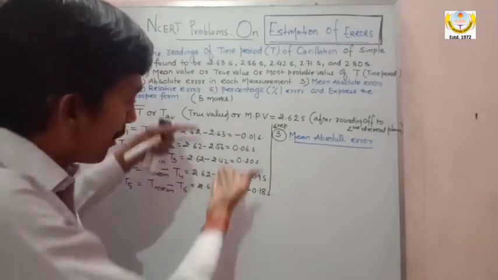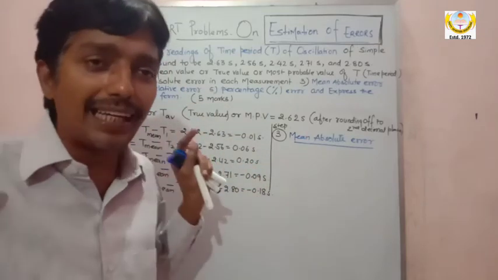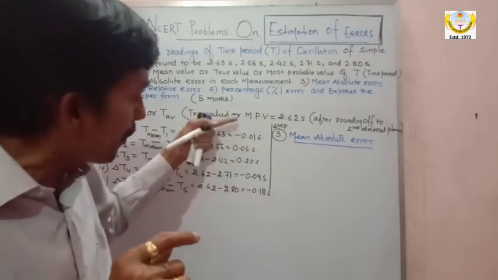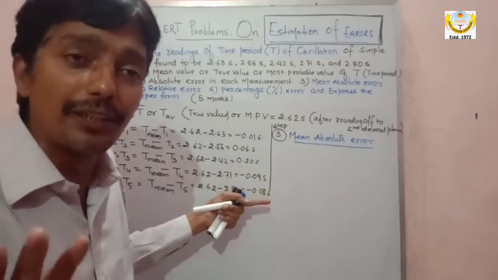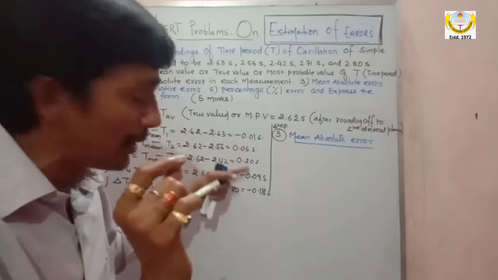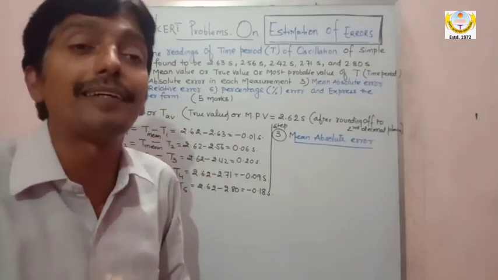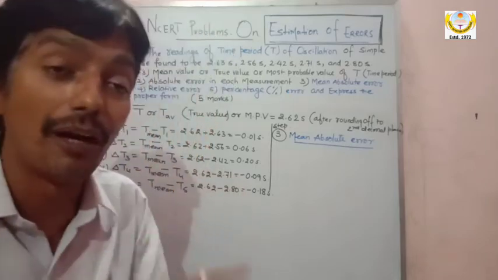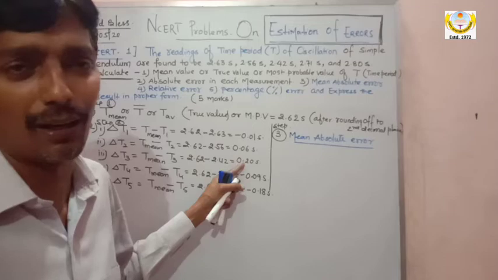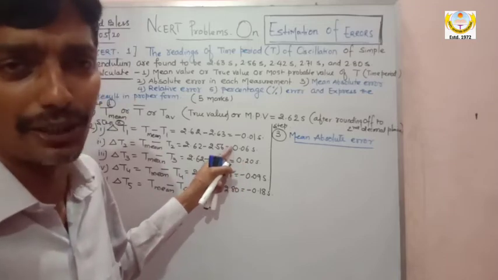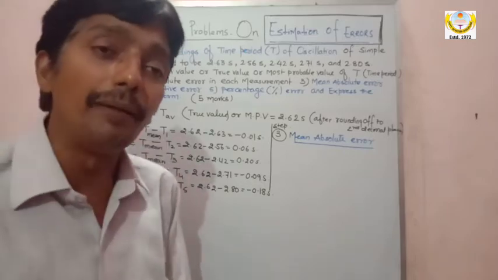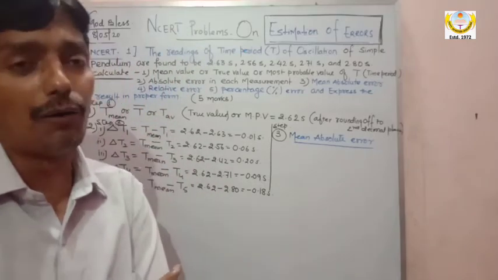So what is the criteria? The rule is that when you are finding the mean, you must not leave anything out. You have to take the mean of all absolute errors, whether positive or negative. But the negative absolute errors, you have to express in positive magnitude, because positive ones are already positive. How can you do this?